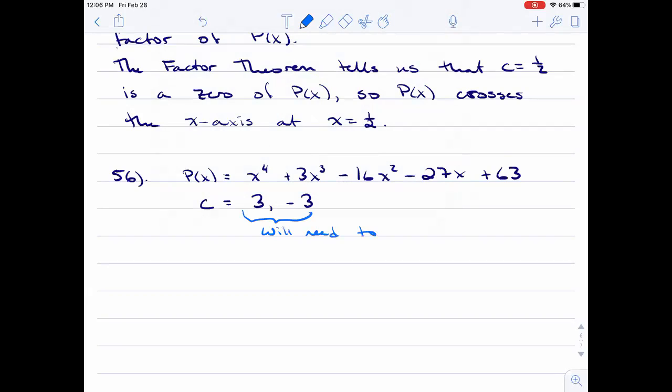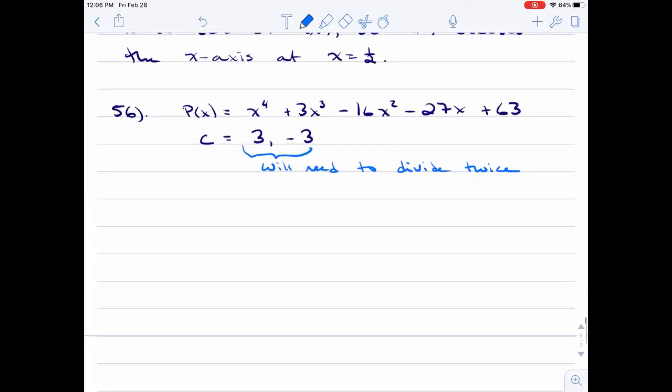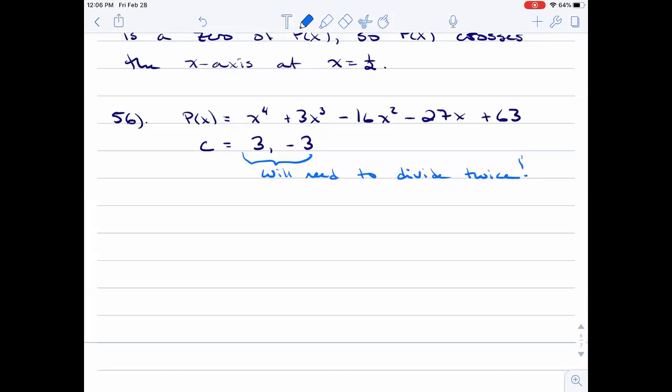We'll need to divide twice, right? First with x minus 3 and then with x minus -3, which is x plus 3.